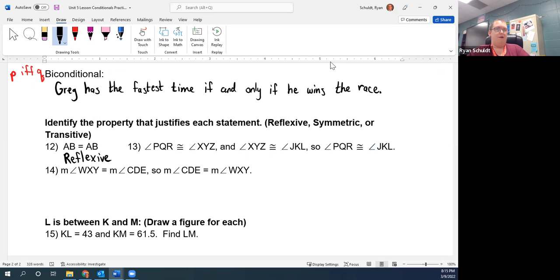Angle PQR is congruent to angle XYZ, and angle XYZ is congruent to angle JKL. So PQR is congruent to JKL. When it's long like this, and you have two parts with the and in the middle, that makes this the transitive property.